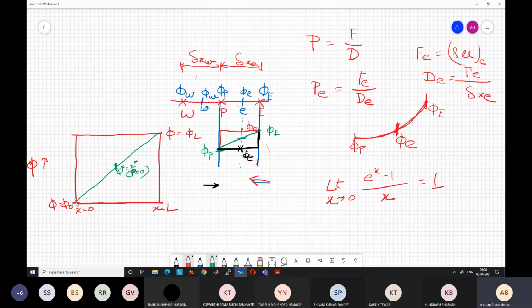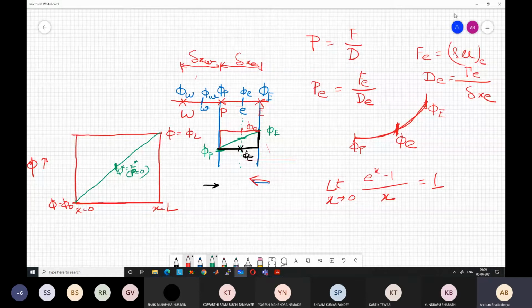Phi will go from phi 0 to phi L in a linear manner. This green line is the graph of phi star equal to x star, for P tends to 0 or P equal to 0. So there is a linear variation.